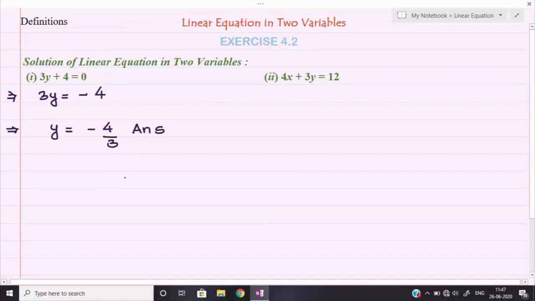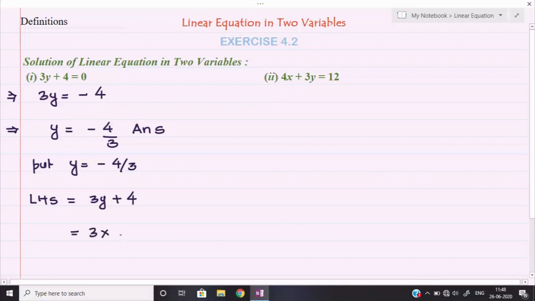Now note one thing here: if I put y again in the equation, I will get 0 on the left hand side. For example, if I put y is equal to minus 4 upon 3 in the left hand side of the equation, the left hand side is 3y plus 4.